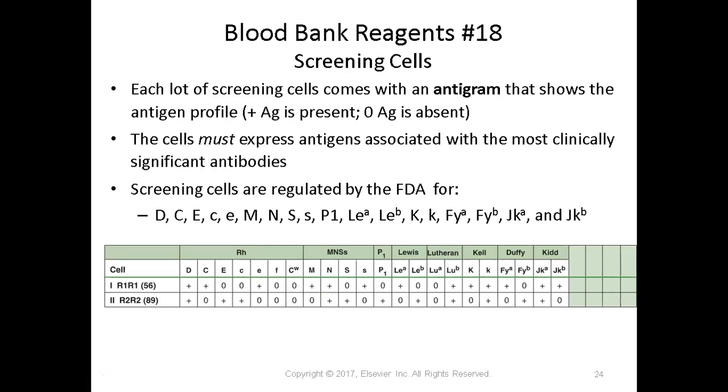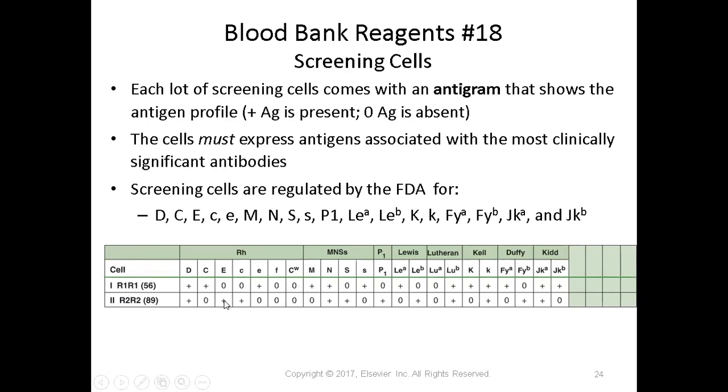These screening cells are put together in such a way as to have different representation between the cells. What does this mean? If we look at screening cell 2, for instance, it also has big D, but it lacks big C, whereas screening cell 1 had it.